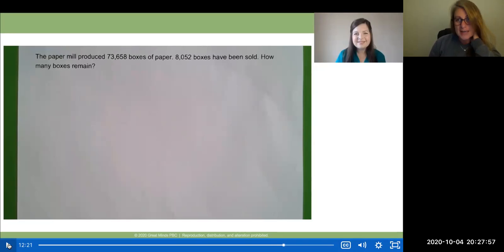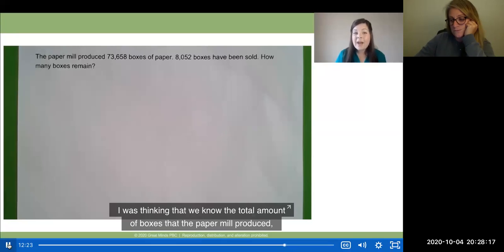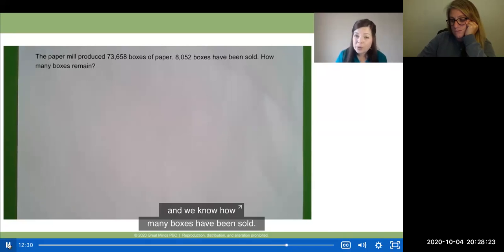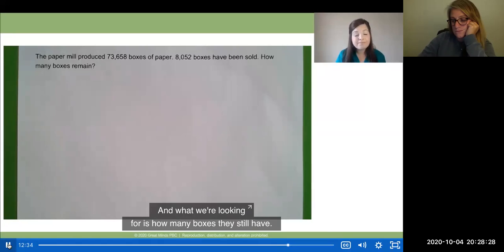So if we're drawing a tape diagram, our total or our whole is going to be 73,658, and then part of our whole, which would be the part sold, would be 8,052. So we need to know how much is left. I was thinking that we know the total amount of boxes that the paper mill produced, and we know how many boxes have been sold, and what we're looking for is how many boxes they still have.